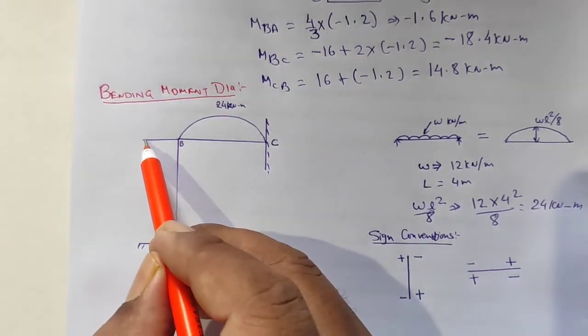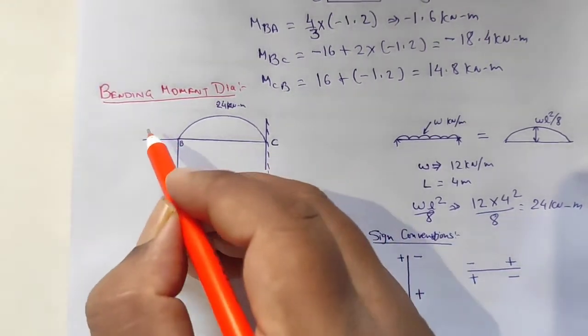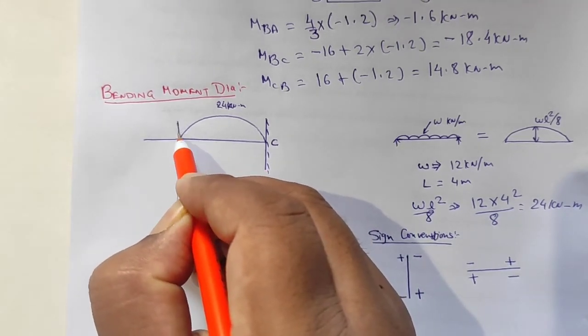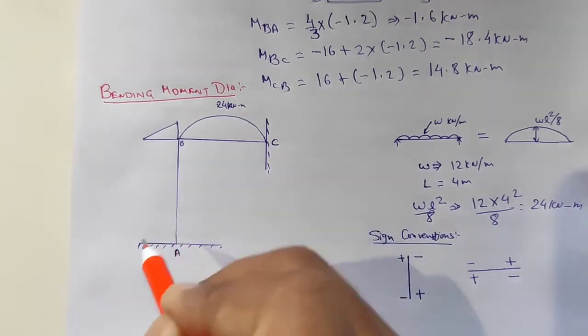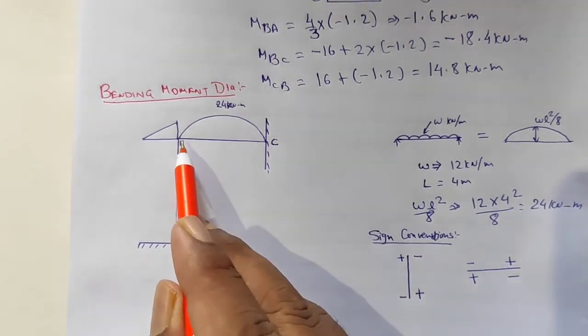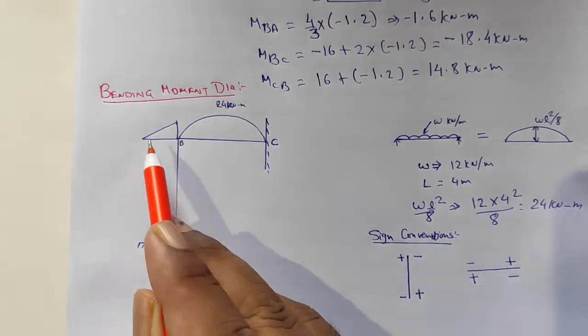Before that, I will solve for the cantilever beam having a moment of 20 kilonewton meter, which will have a value like this. Now I'll put the values of MAB, MBA, MBC and MCB.